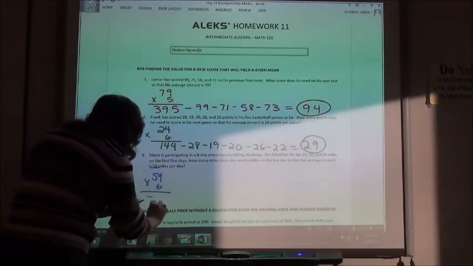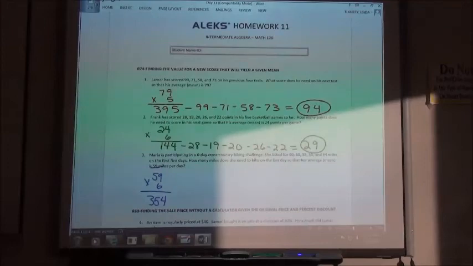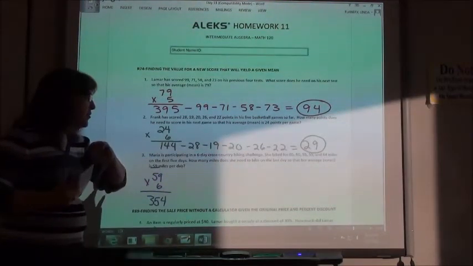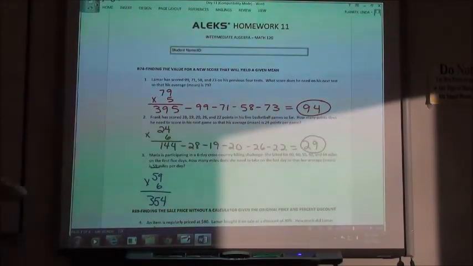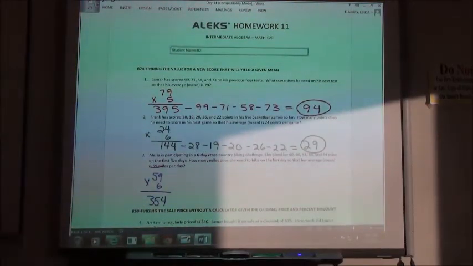Danette says she got 60, started out with 59 miles per day is what they want the average to be. They're doing a 6-day cross-country biking challenge. And so if we take 59 times 6, we get 354 total miles, I guess we're doing here.